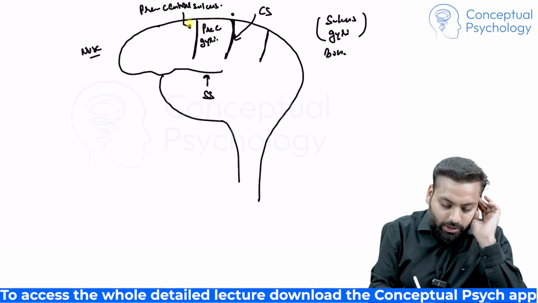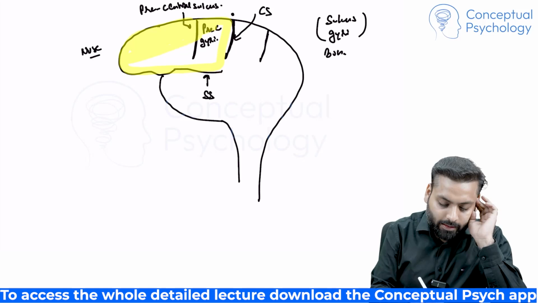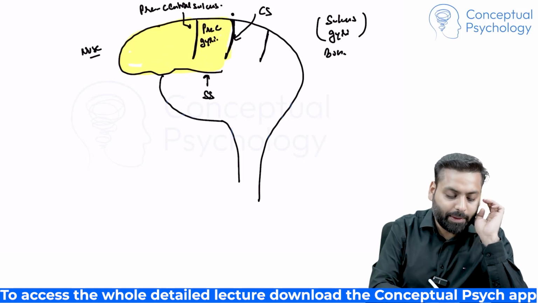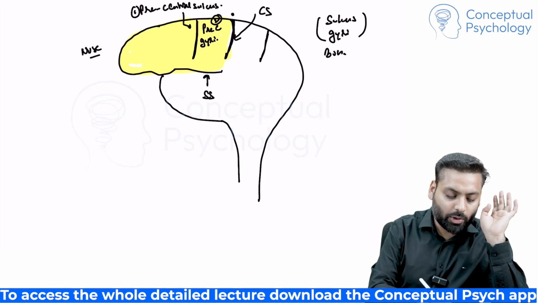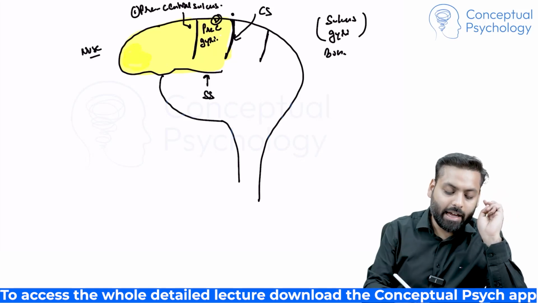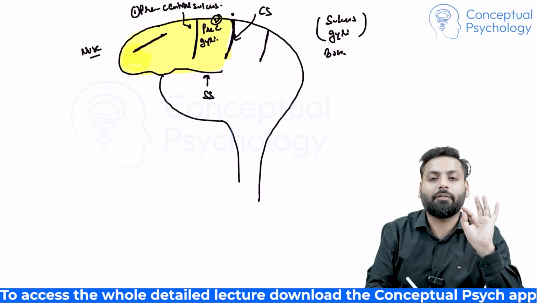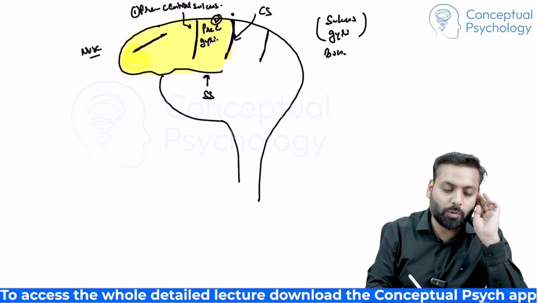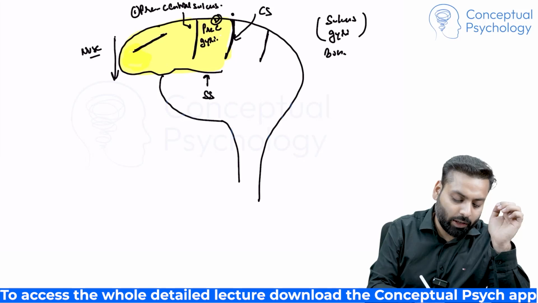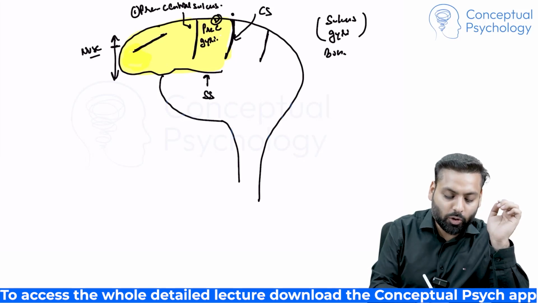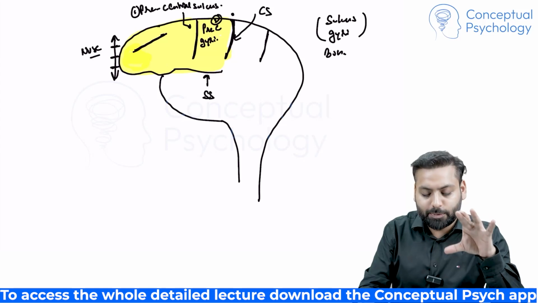We have to talk about this whole area, na? We have seen the precentral sulcus and precentral gyri. Now we come to this remaining area. Which lobe are we talking about? We are talking about the frontal lobe. If I see only this part, this will be the superior part, this will be the middle part, and this will be the inferior part.